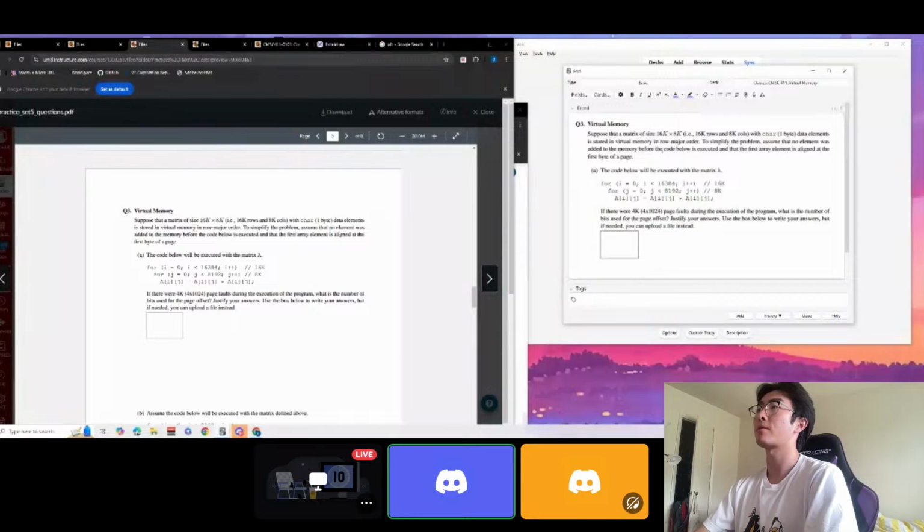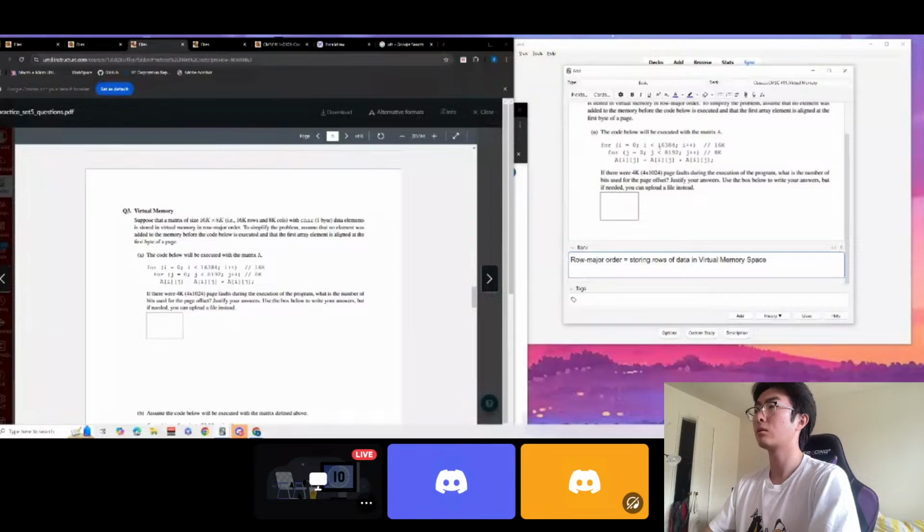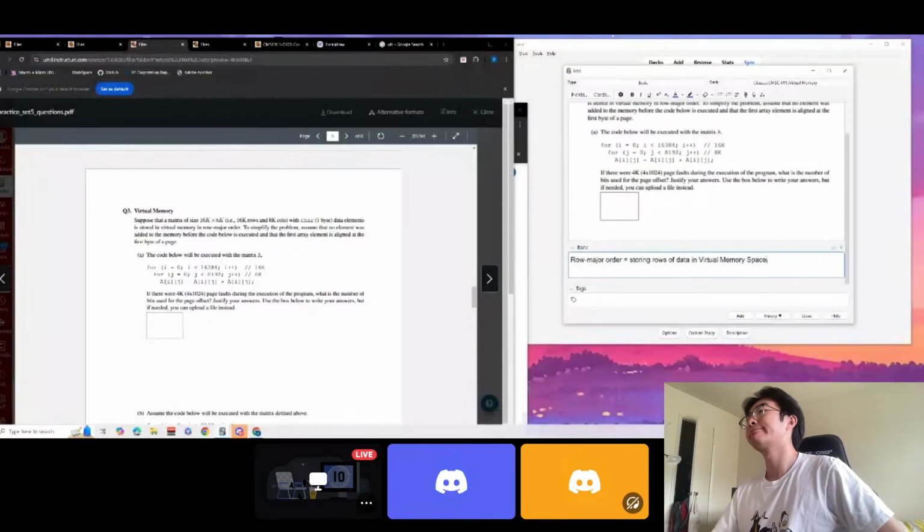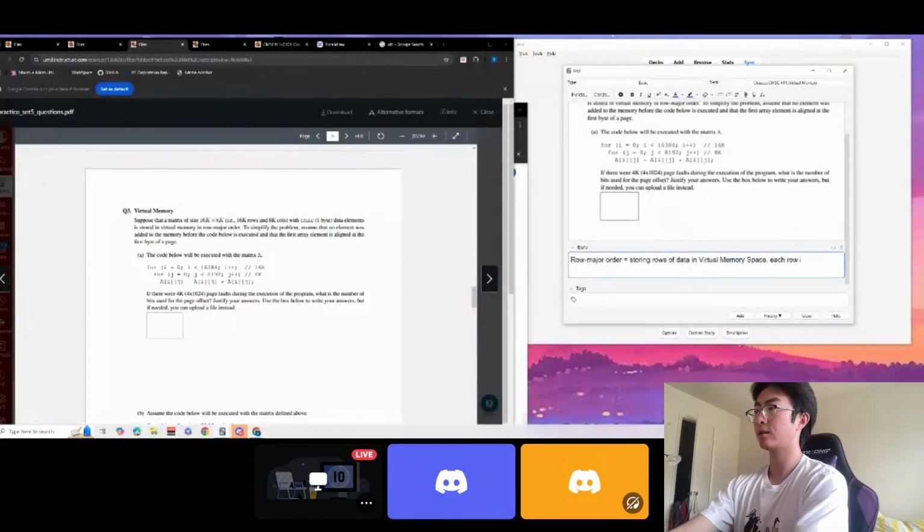Okay, page fault, I have to remember. So I think then each row is 8K. Each row is 8K memory.